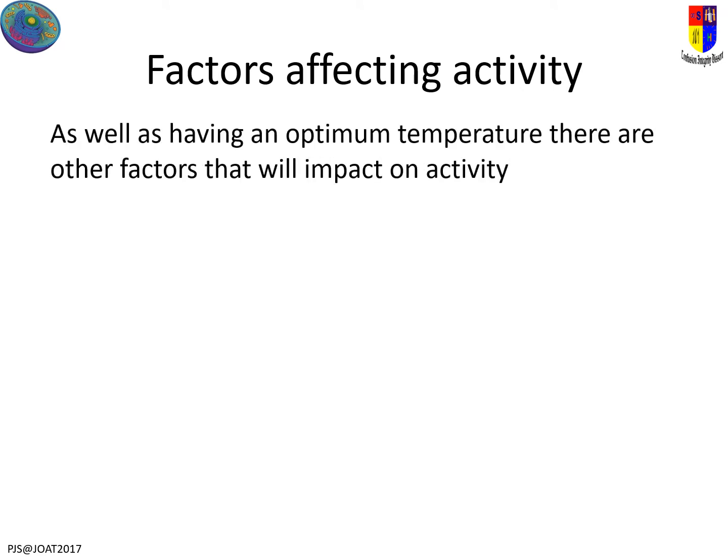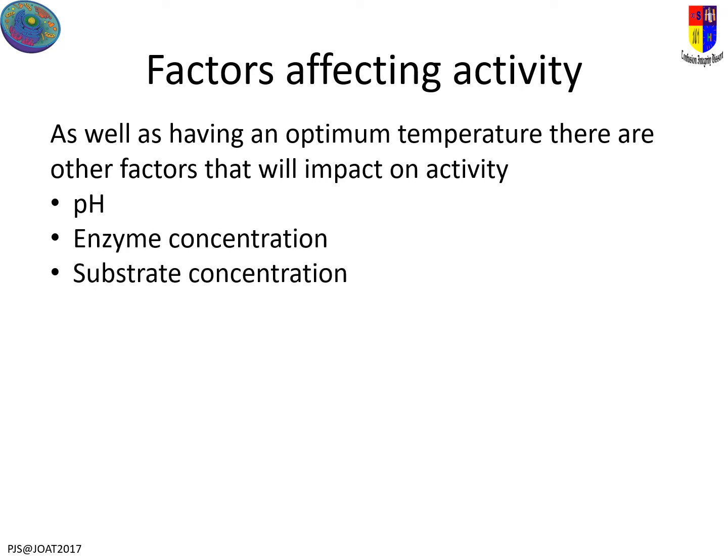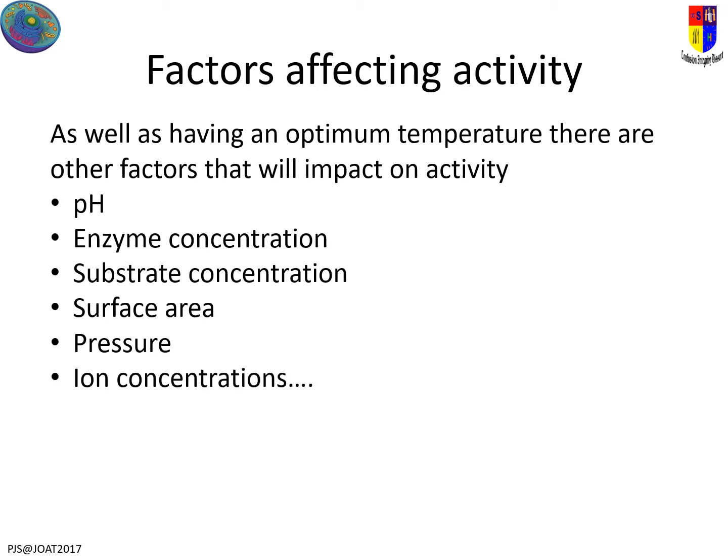As well as that optimum temperature, pH is a biggie. There are also things like how much enzyme you have and how much substrate you have, and they're kind of obvious. They're going to have a straight line relationship. Surface area, so how much of the substrate is available for the enzyme, all of these would be normal things you would look at for affecting activity. And pressure might as well, because that could actually increase concentrations.